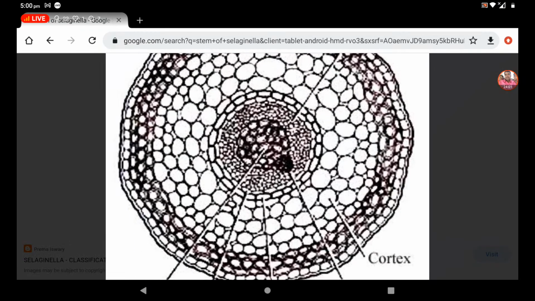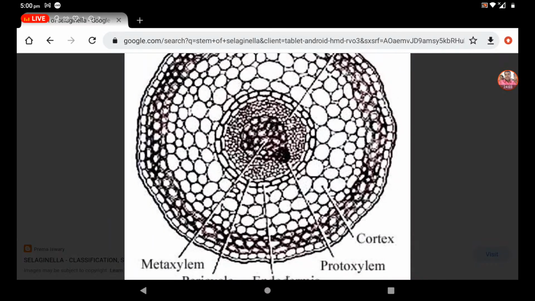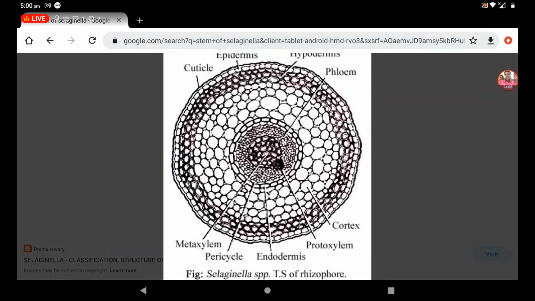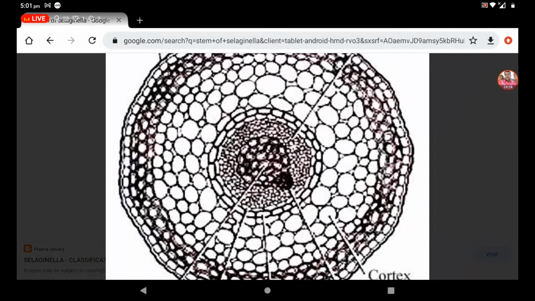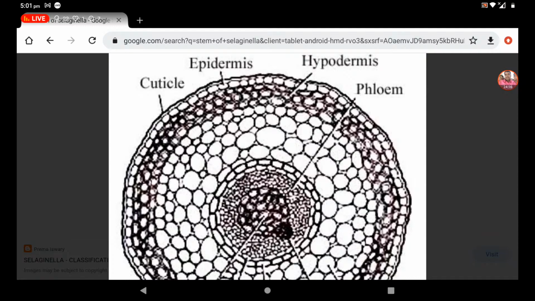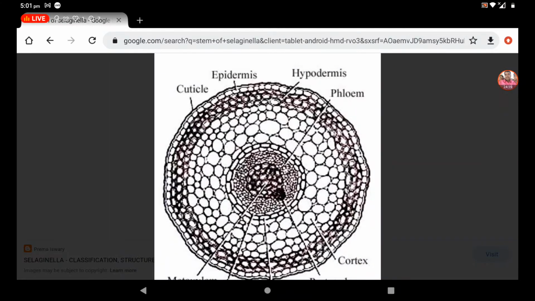Centrally, what is present? Xylem is present centrally, and phloem is present peripherally. This type of stele is called protostele.